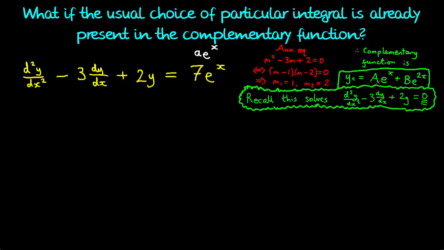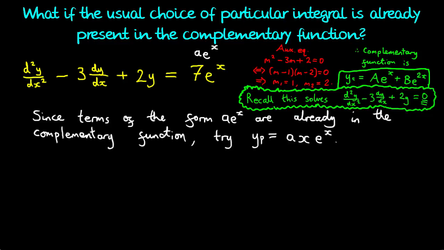So that tells us that there's no point in us trying a particular integral trial function of a e to the x, because we've already got something that looks like a constant times e to the x in the complementary function. That's not going to give us a right hand side of 7e to the x, no matter what we choose a as. When we substitute it into the left hand side, we're always going to get 0.